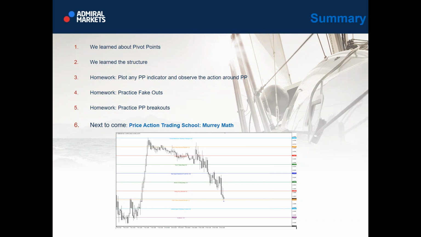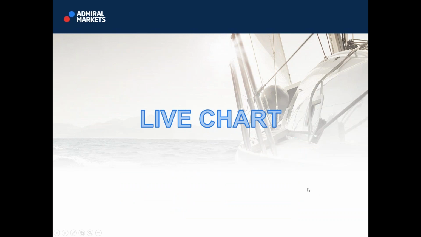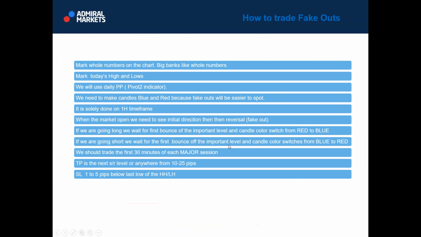If it happened during the first 30 minutes of this hour, considering that we had, for example, first 3 hours of London or New York session, it could have been a fake out. But because it's end of day, because it's 20 minutes till the top of the hour, it's not a fake out. So respect the rules, guys. If you're not sure what the rules are, these are the rules.